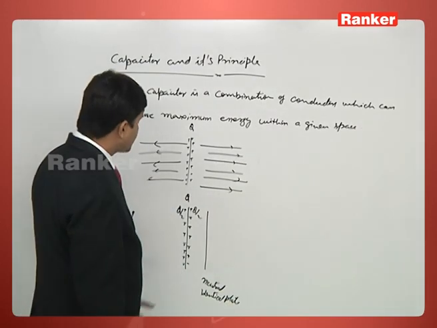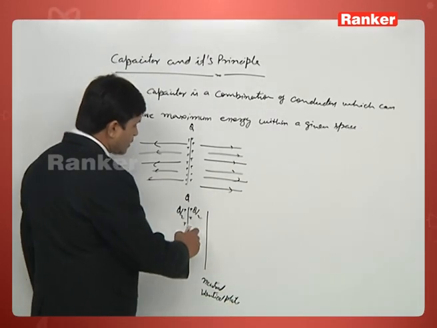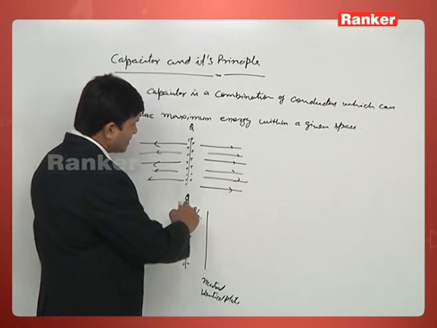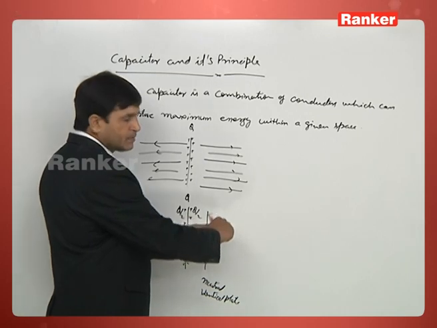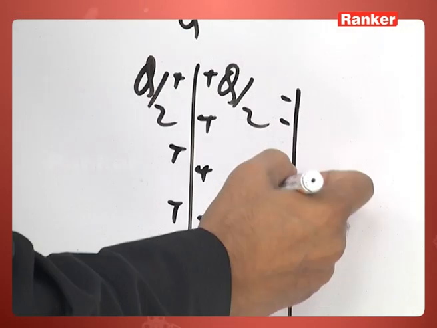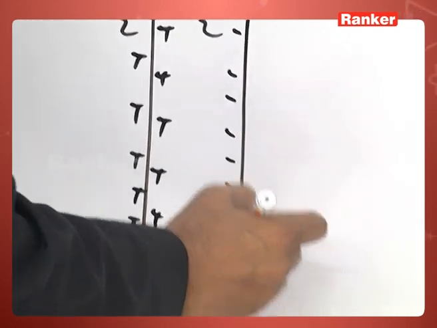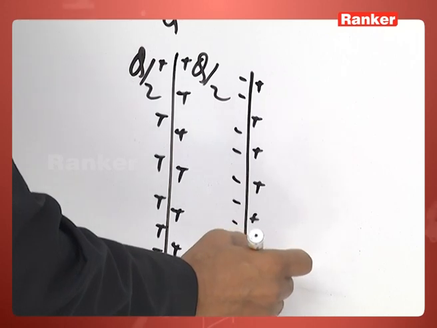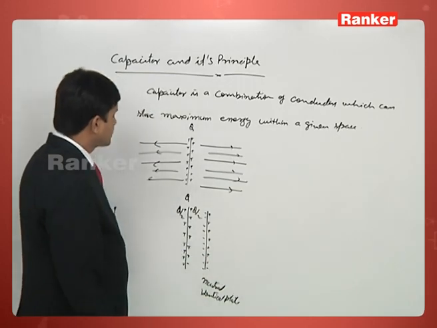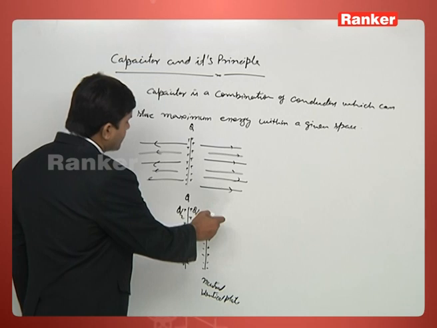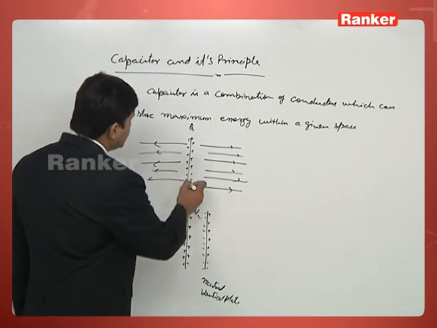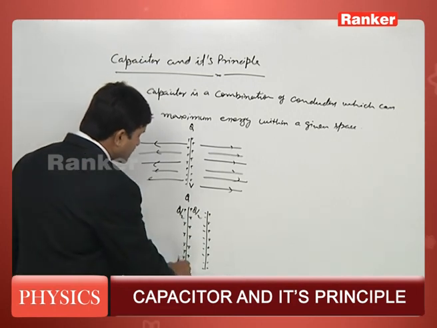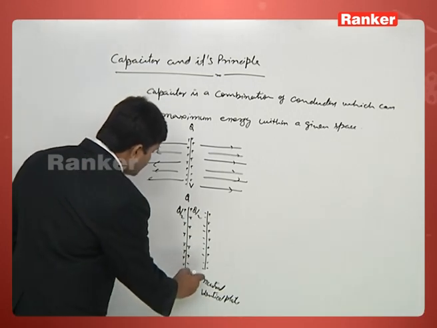What is the effect of this neutral plate? Because of the electric field due to the charged plate, a negative charge appears here and a positive charge appears here. Before putting the neutral identical plate, the potential of the charged plate was V. Now its potential is V dash.